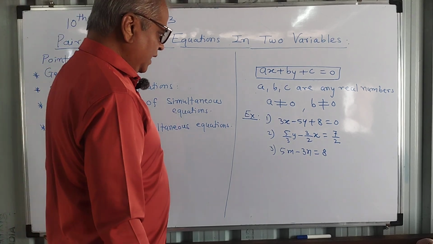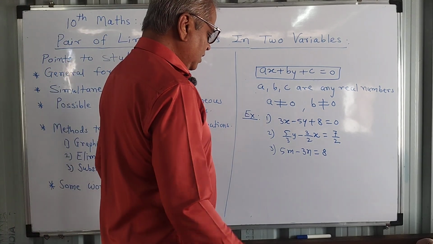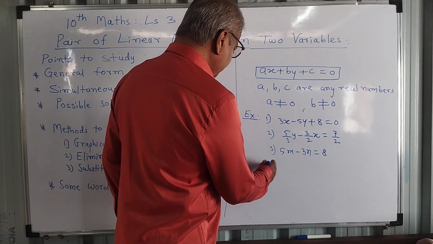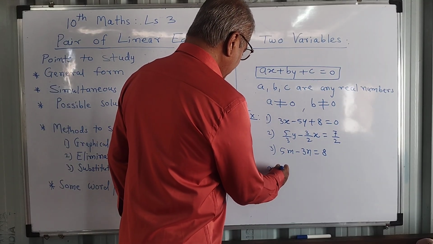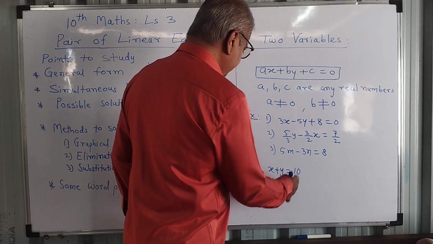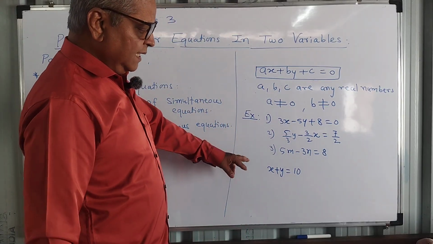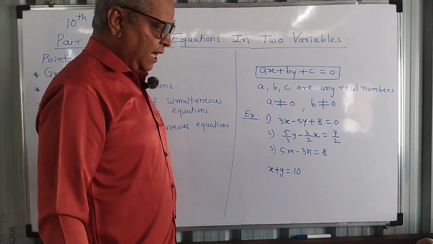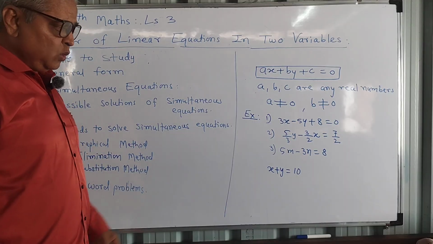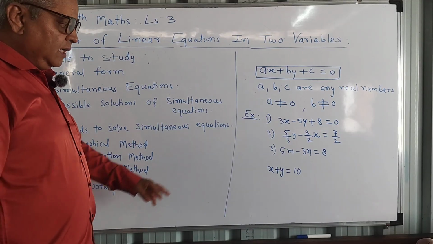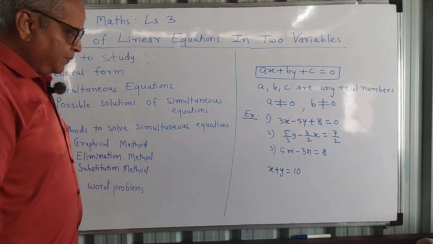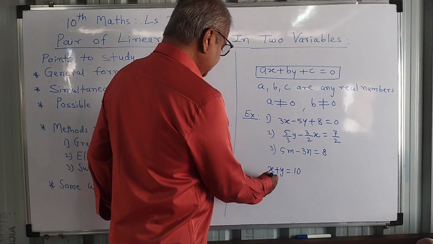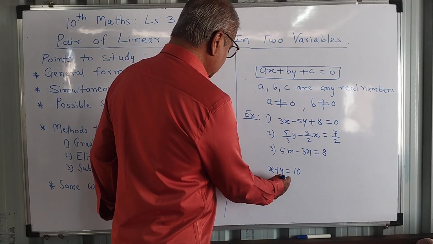If you try to solve any single equation, let us consider a very simple equation, x plus y is equal to 10. Now if we consider any one equation at a time, how many solutions does this equation have? We will see. If you put x is equal to 1, then y is equal to 9.